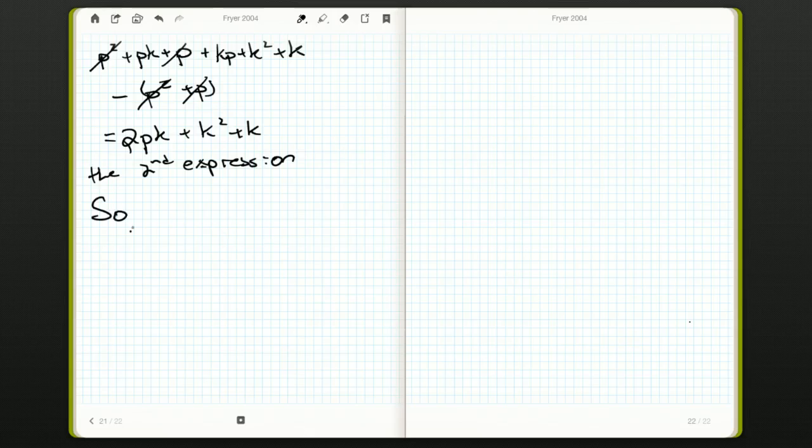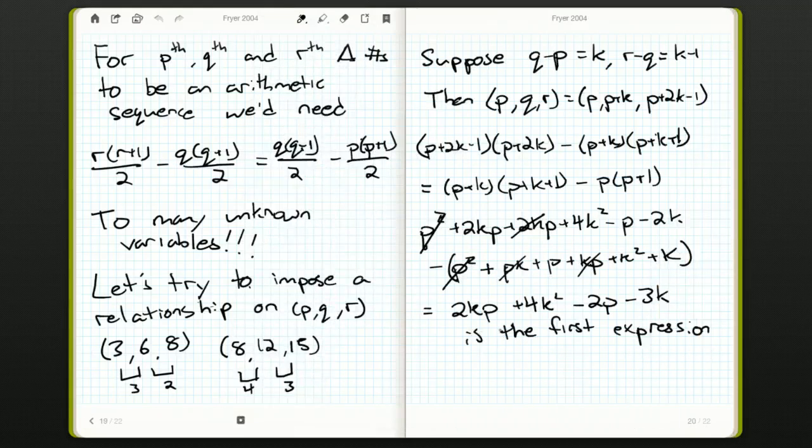So we know that this expression is equal to the previous one. What was the previous expression? I've already forgotten it. 2KP plus 4K squared minus... Oh, sorry, that should be plus 3K squared. Always a good idea to go back and double check things. So that canceled out there. That canceled out there. Okay.